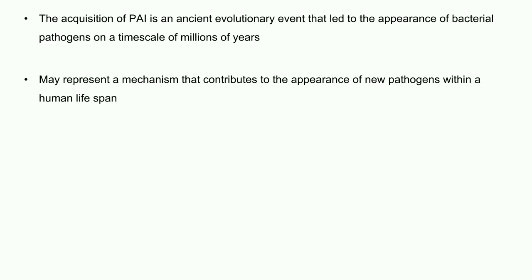They may also represent a mechanism that contributes to the appearance of new pathogens within the human lifespan, as a number of pathogenicity islands are continuously getting acquired and being lost. There may be addition and deletion in some of the virulent factor encoding genes. This can lead to development of new strains with novel pathogenicity islands.